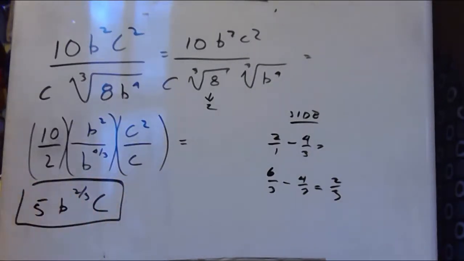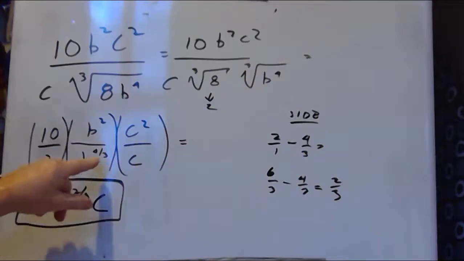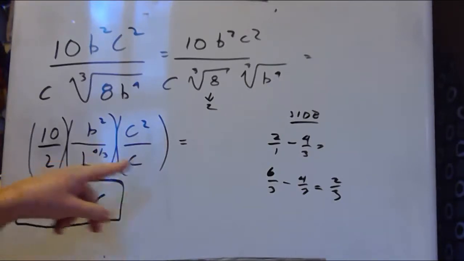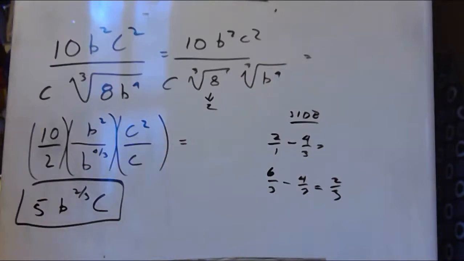So really, when we have root signs, taking it out of the radical and putting it in terms of rational exponents can make our calculation much easier in order to simplify.